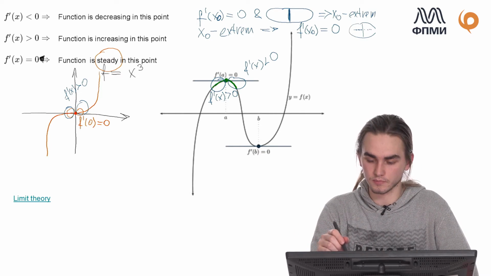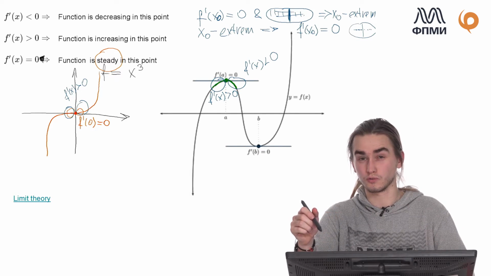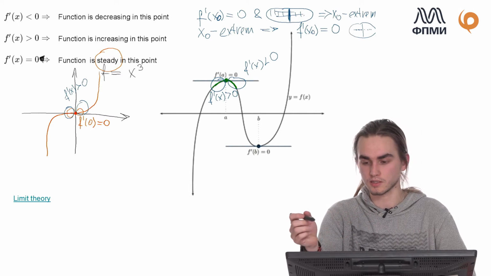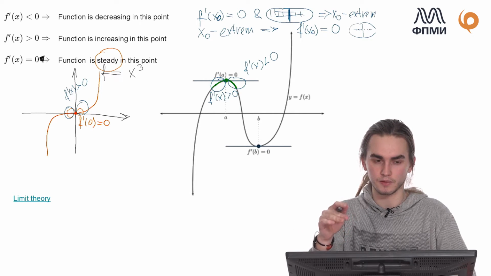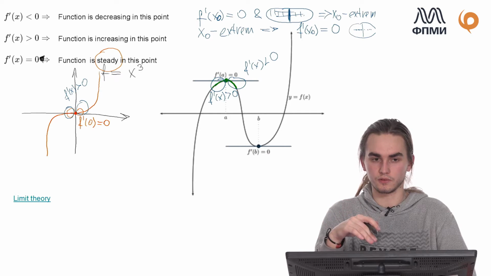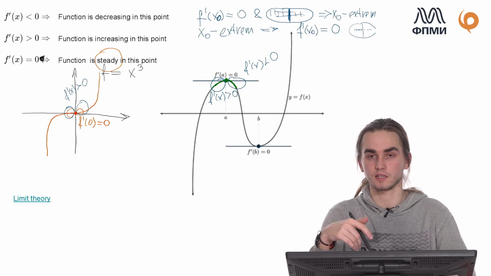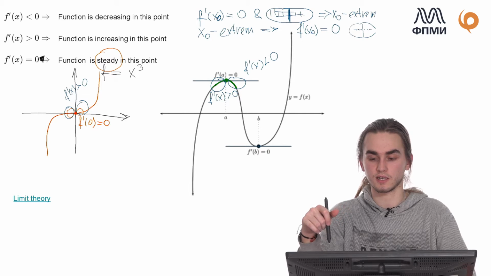So here, I just can't write it down properly for you not to confuse you, because I will use quantifiers, and there will be some quantifiers in the next slide, but for now you just need to remember that if f prime x sub 0 is 0 and f prime x changes its sign when passing through x sub 0, it's an extremum. And backwards, if x sub 0 is an extremum, then f prime x sub 0 is 0.